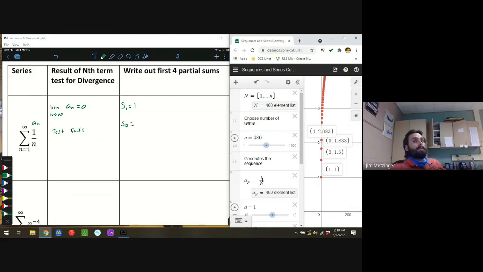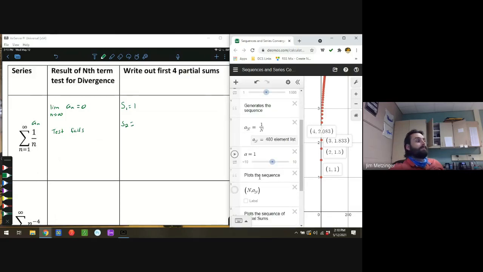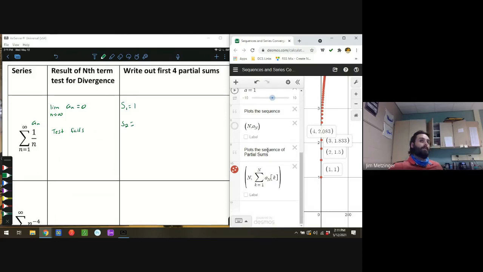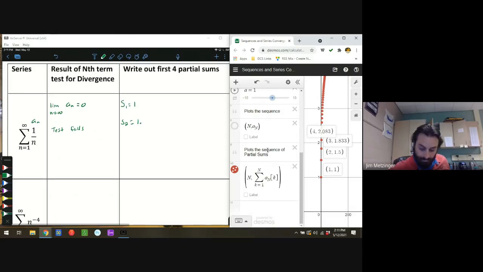Well, when you do the solution thing, you have to use the sequence of partial sums. All right, 1.833. And then the fourth partial sum is equal to 2.083.